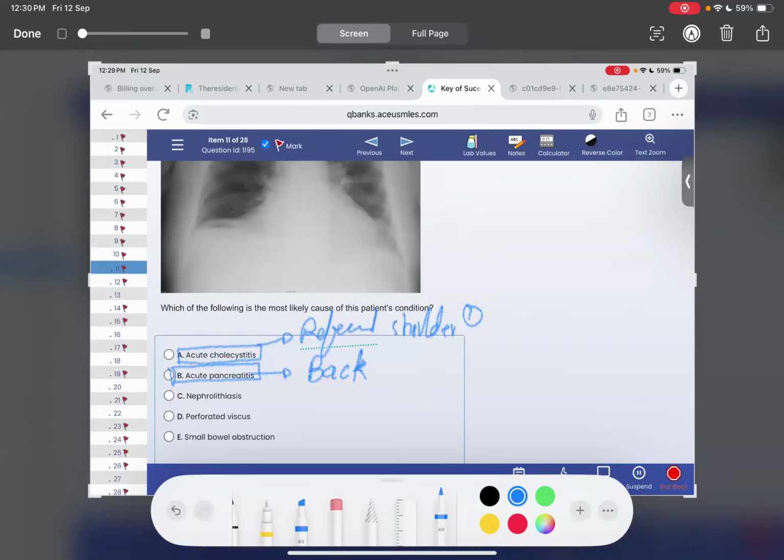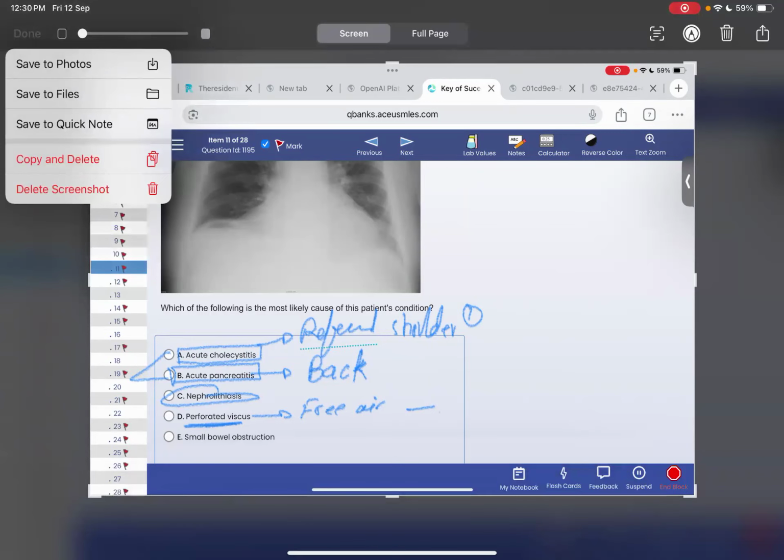These are two important ones we will discuss in pathology. Gastroenteritis and nephrolithiasis we will discuss in the nephrology section, and perforated viscus gives free air under the diaphragm. And in small bowel obstruction, there is no vomiting, no distension. Have you got the point?